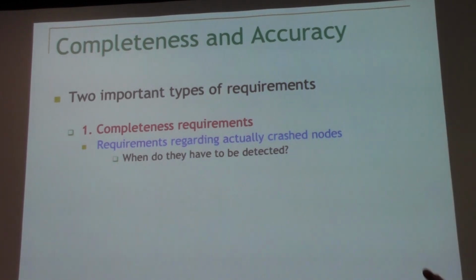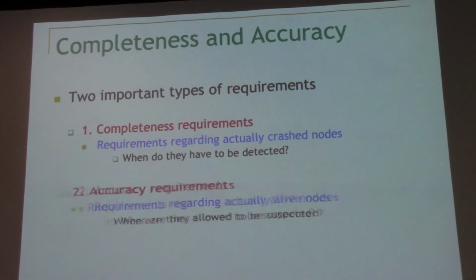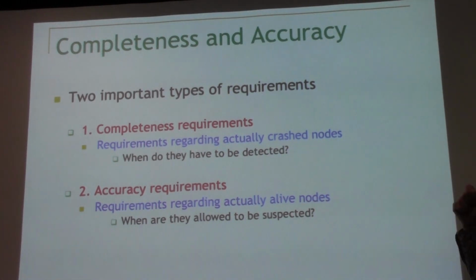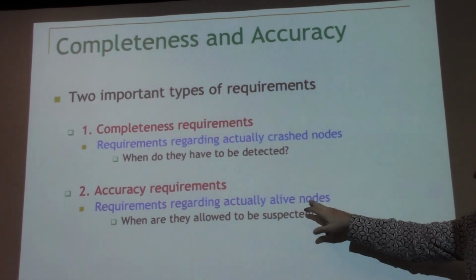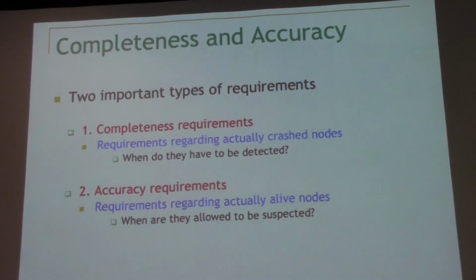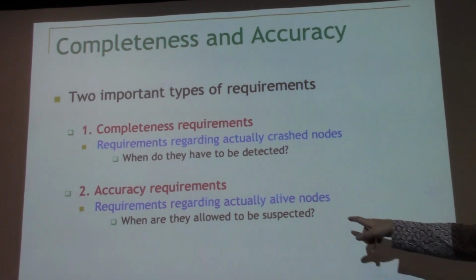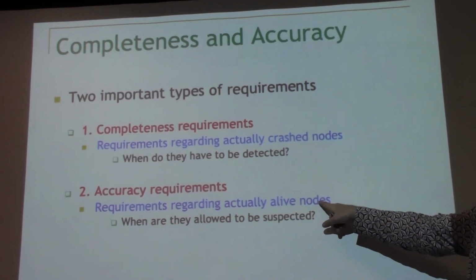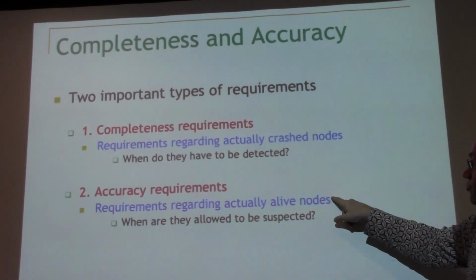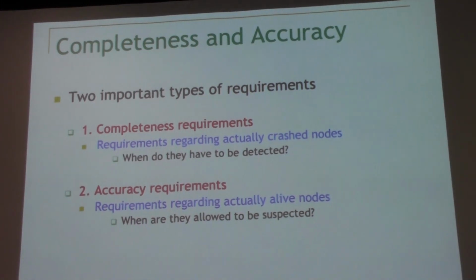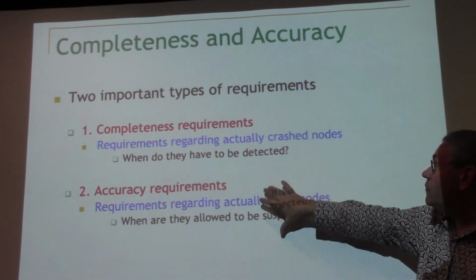So it's complete in that sense. And the other property, which is kind of the opposite, is accuracy: it will not make mistakes. It can actually suspect a live node. A node that's not crashed might be suspected, and that's a mistake. So that's not accurate.